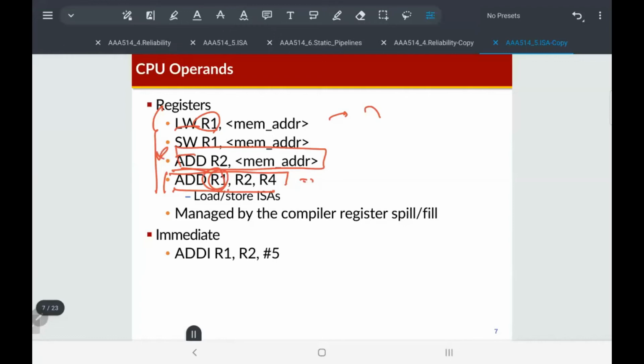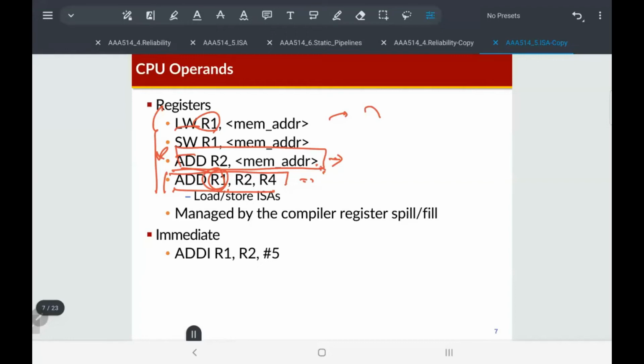Because this is not a typical RISC type instruction, in this type of instruction the arithmetic instructions can also handle data in the main memory. This instruction means that the data is read from the main memory, and then it's added to the data from R2, and the result is stored to R2.